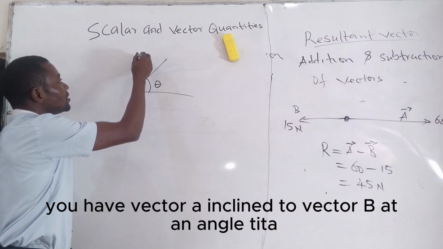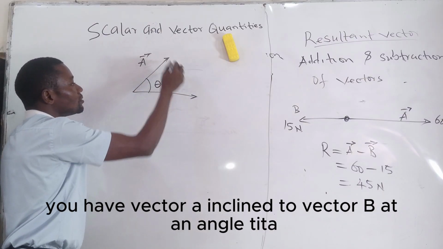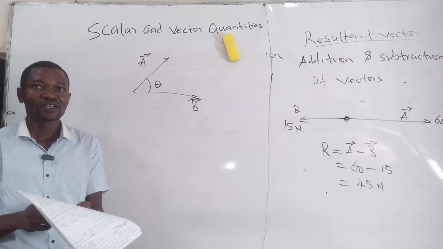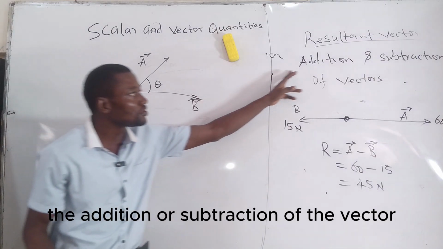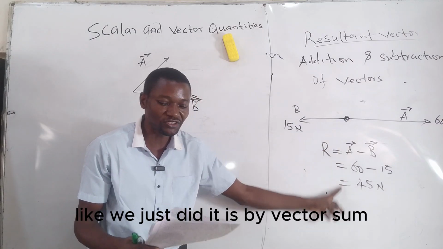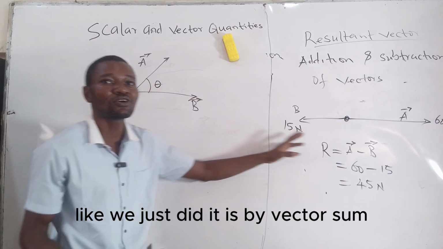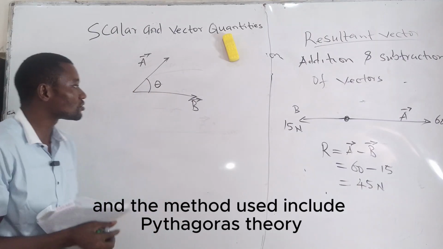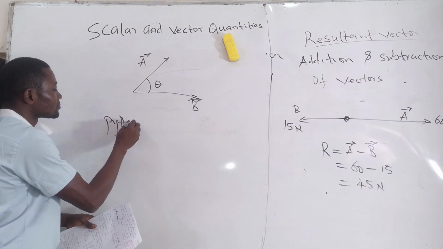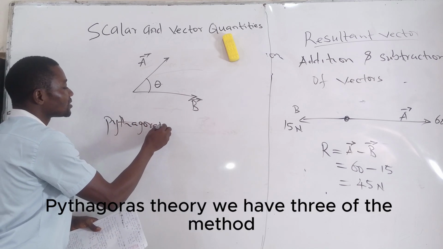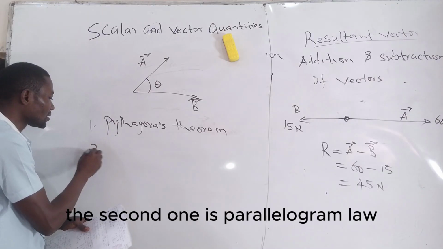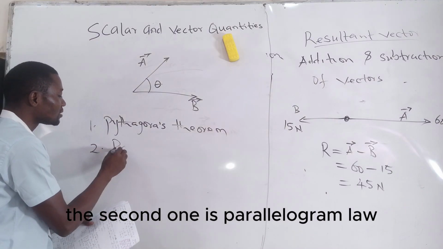You have vector A inclined to vector B at an angle theta. In this case, the addition or subtraction of the vectors is not by arithmetic means like we just did. It is by vector sum. And the methods used include Pythagoras theorem. We have three methods. The second one is the parallelogram law.